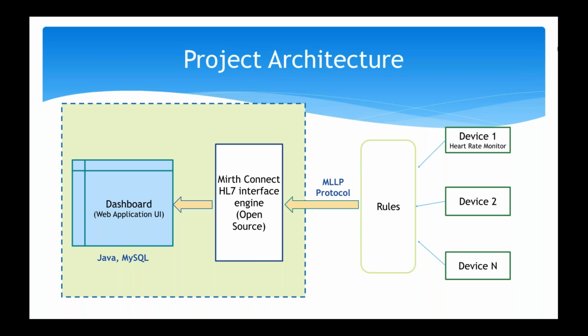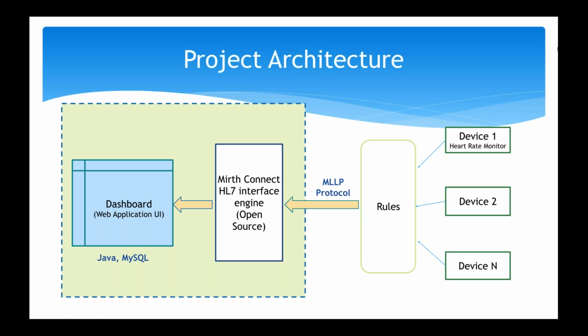The information coming from these devices is sent to the rules engine, which you can see next to the devices. These messages are coming in HL7 format, and this rules engine processes the HL7 messages coming from the devices based on predefined rules.